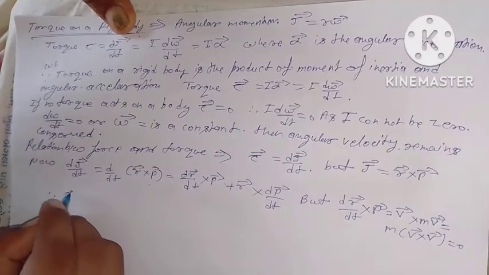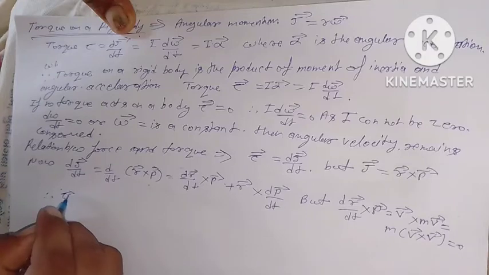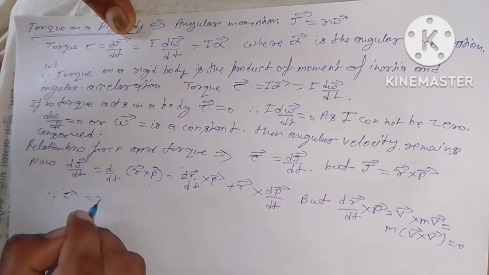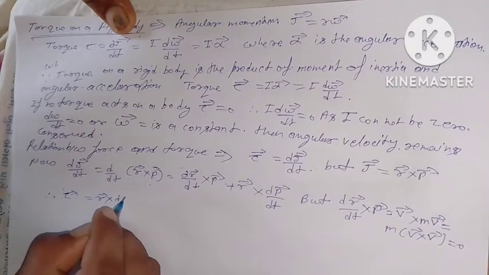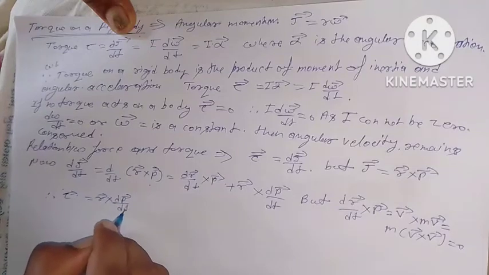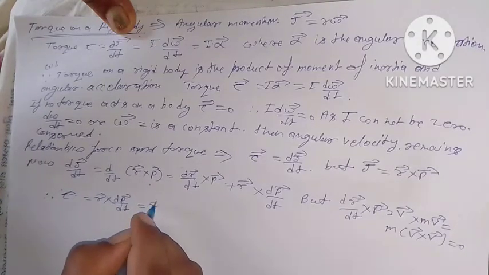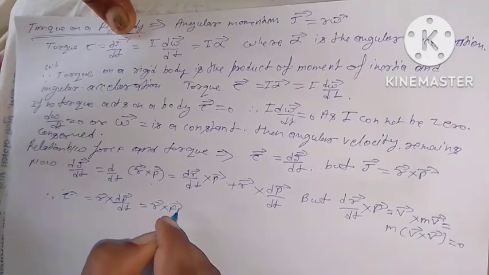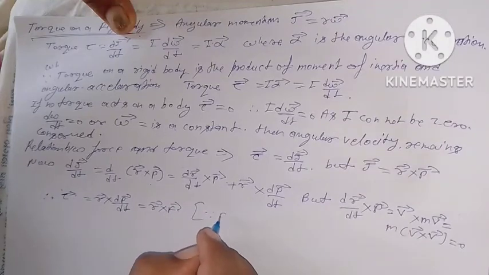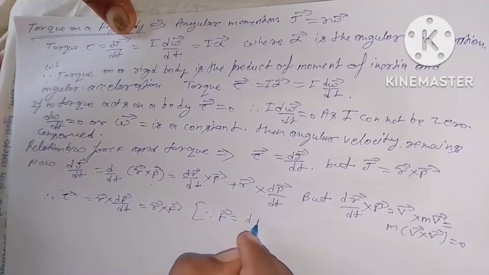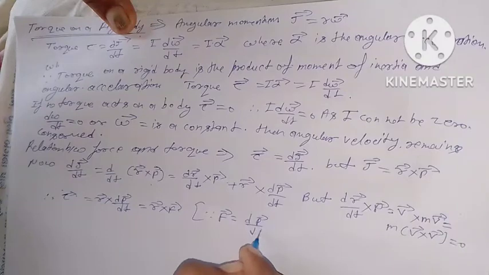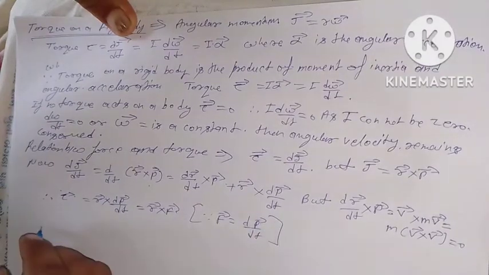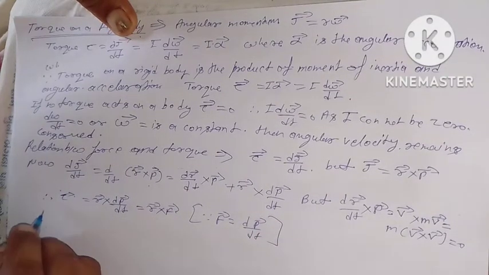But vector tau equal to vector r cross vector dp upon dt equal to vector r cross vector F, because vector F equal to d vector p upon dt.